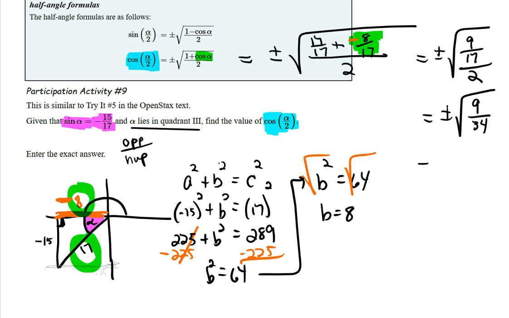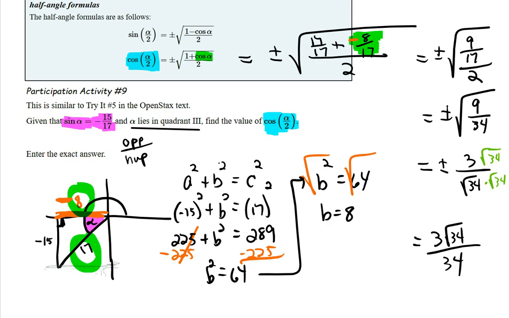Okay, so this is going to be plus or minus 3 over the square root of 34. And then if you rationalize that, you would multiply top and bottom by the square root of 34. And that gives me 3 times the square root of 34 over 34.